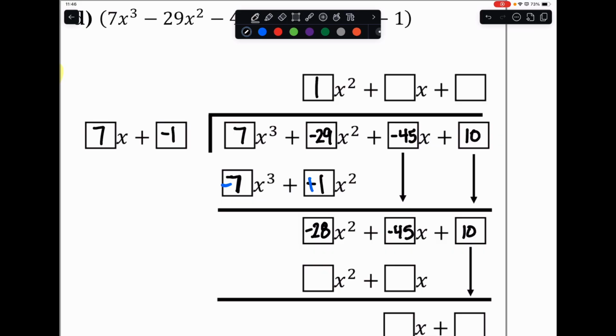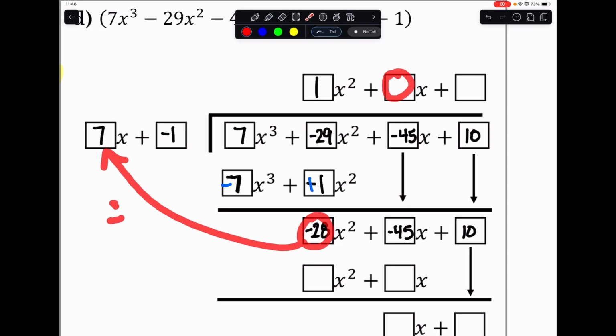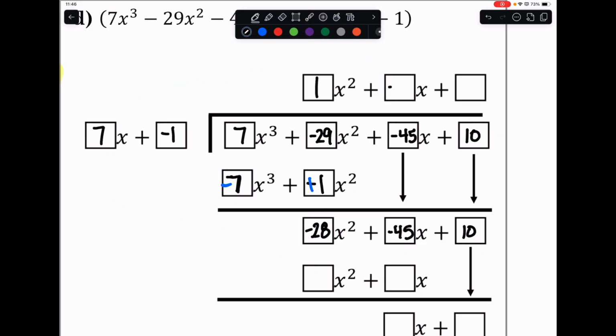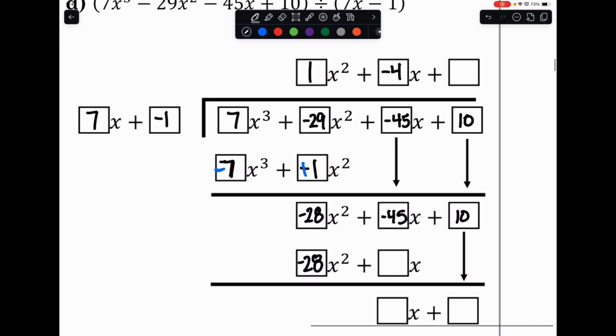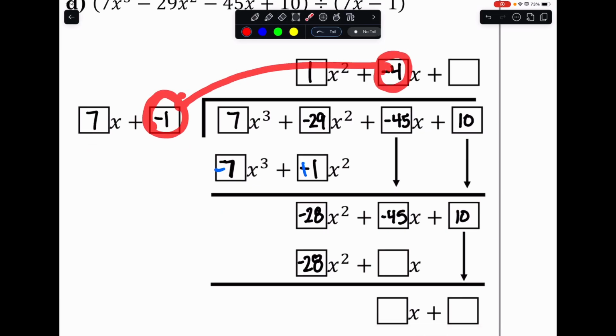So to figure out now the second number here, we're going to get negative 28 and divide it by 7, and that's going to go there. Negative 4. Now, the number that goes underneath the negative 45 is the result of multiplying this negative 4 with this negative 1.